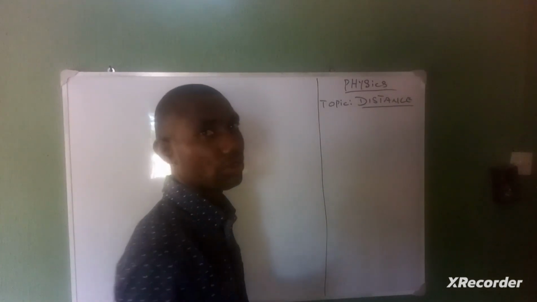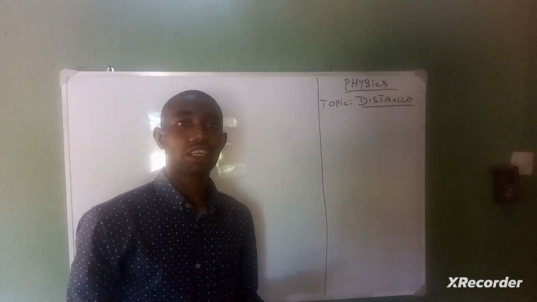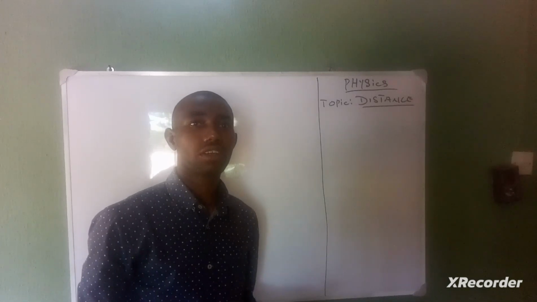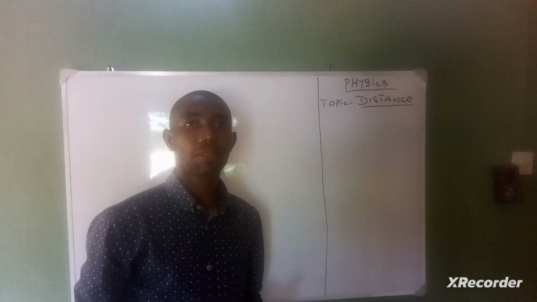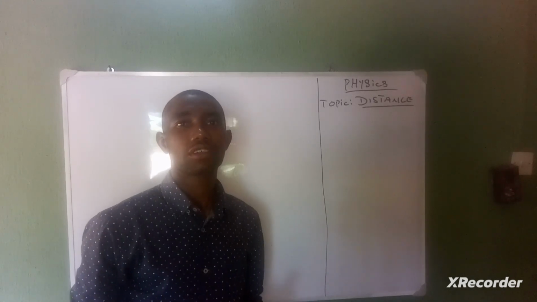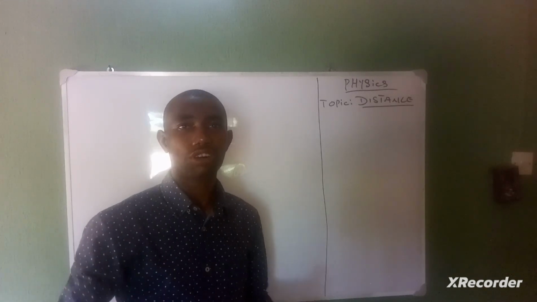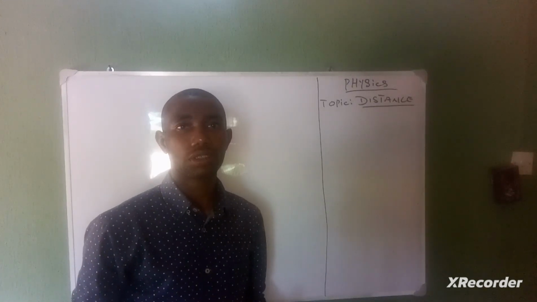Now the question is, what is distance? Distance in physics is a physical quantity, or moreover, a natural quantity, and we describe it as the measure of space between 2 points.